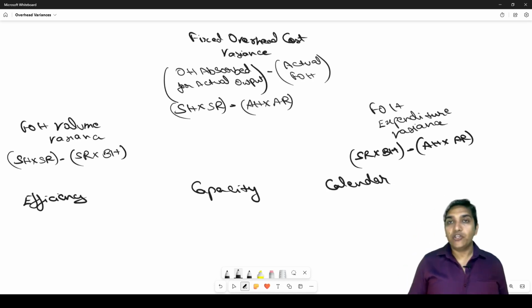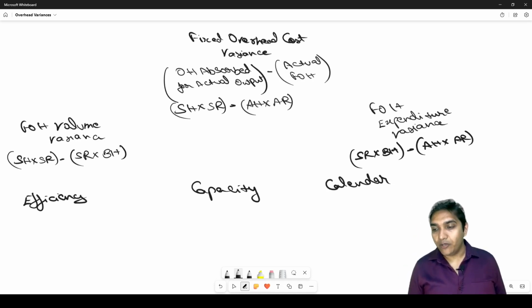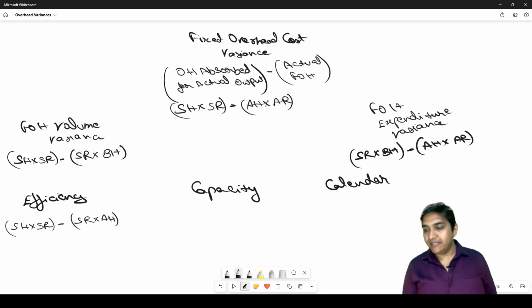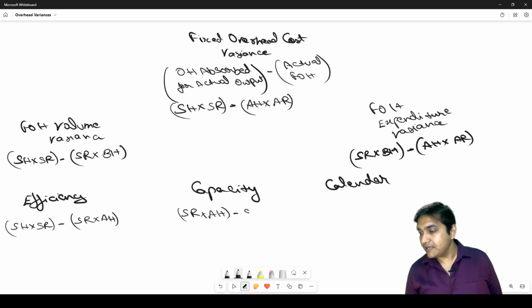So efficiency: the formula would be standard hours into standard rate minus standard rate into actual hours. Capacity would be standard rate into actual hours minus standard rate into budgeted hours.